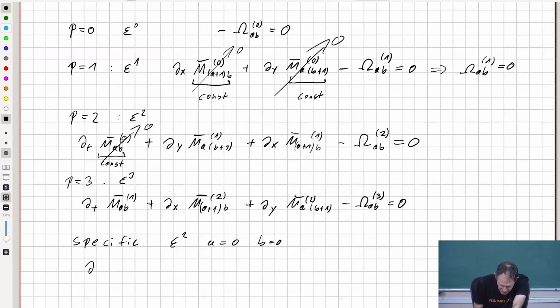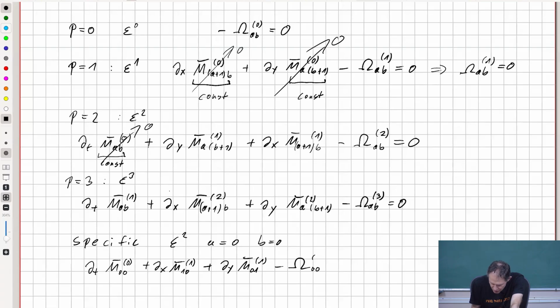We get dt m 0,0 to 0 order plus dx m 1,0 to first order plus dy m 0,1 to first order minus omega 0,0 to second order, and this is equal to 0.